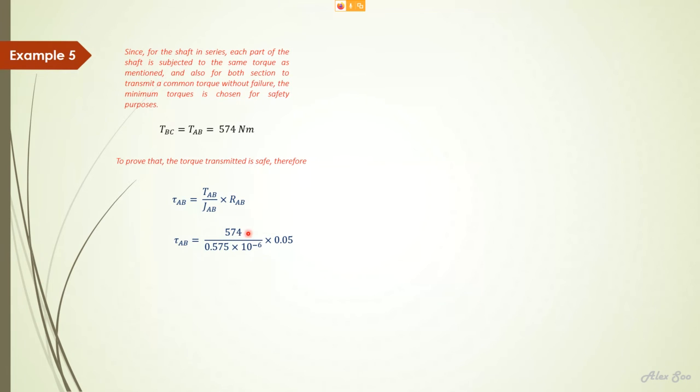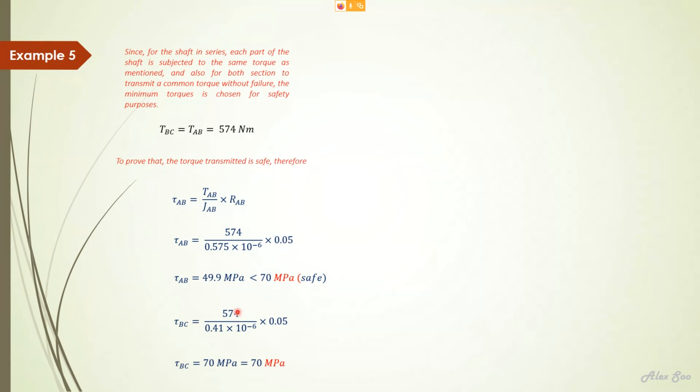So first we put 574, and we found that the shear stress of AB is 49.9 megapascal. That means it's less than the maximum 70 MPa that they have given. So if I consider torque 574, it is safe.